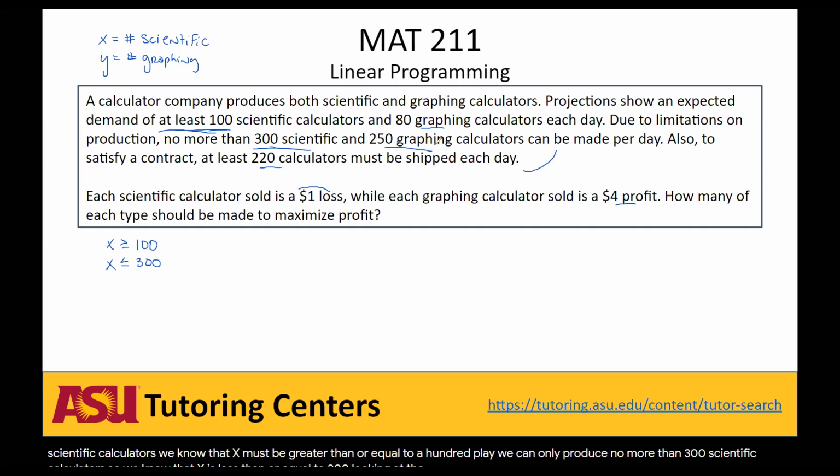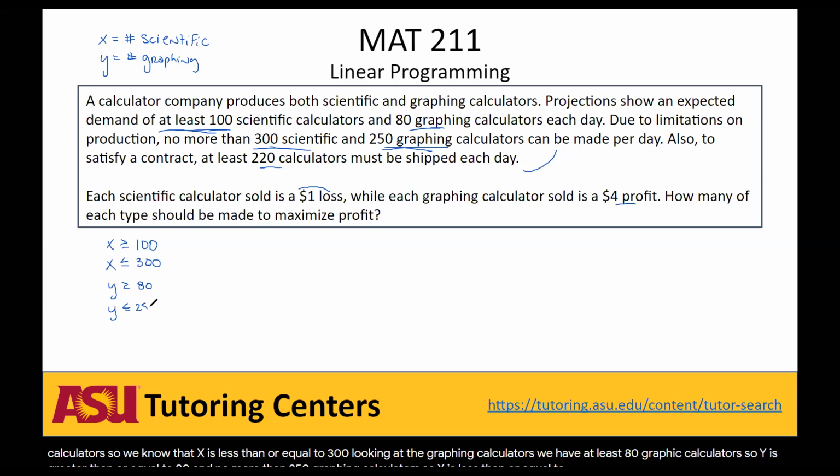Looking at the graphing calculators, we have at least 80 graphing calculators, so Y is greater than or equal to 80. And no more than 250 graphing calculators, so Y is less than or equal to 250.